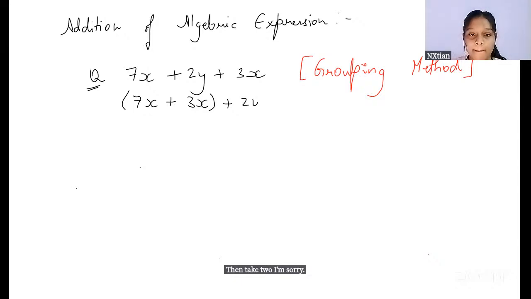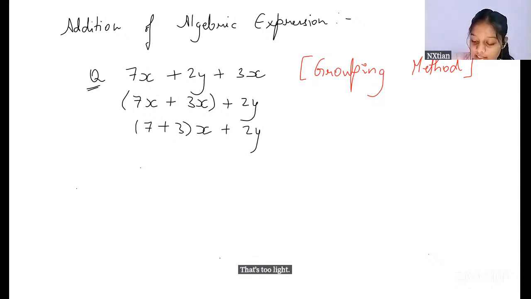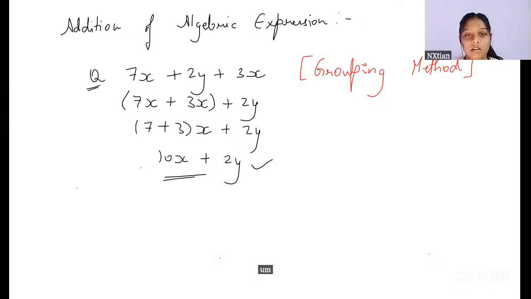Then take 2y outside, plus 2y. Okay, now x you can take common, and 7 plus 3 you can take in one bracket, plus 2y. 7 plus 3 is 10x plus 2y. This is your answer. Can the answer be 12xy?